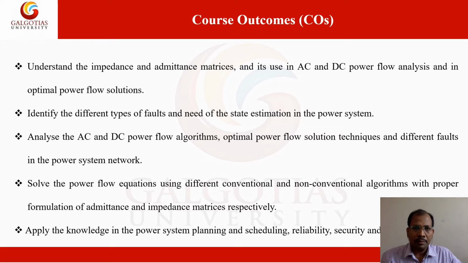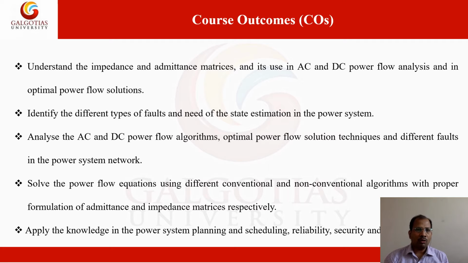Based on the syllabus contents we have defined the course outcomes. In total there are 5 course outcomes. After the completion of this course, the student will be able to understand the importance of admittance matrices in the power system and their use in the AC and DC power flow analysis, and also their applicability for optimal power flow solutions.